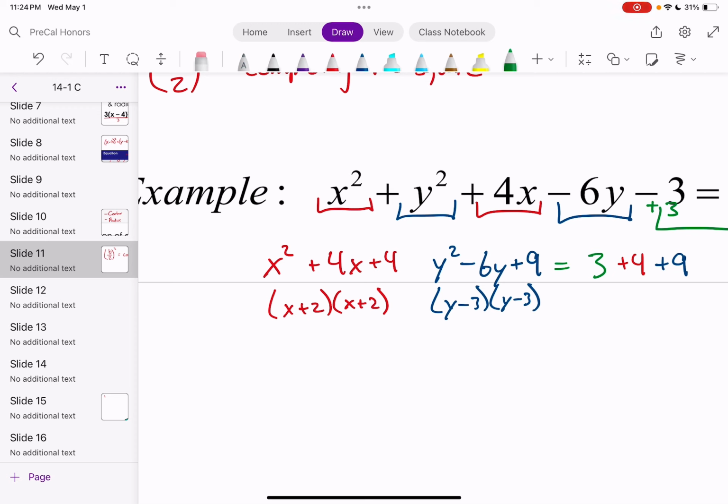And whenever you have numbers that are together, you just combine them. So we have 3 plus 4 is 7, 7 plus 9 is 16. From here, you simplify each one. x plus 2 squared plus y minus 3 squared is equal to 16. And that would be our final answer.